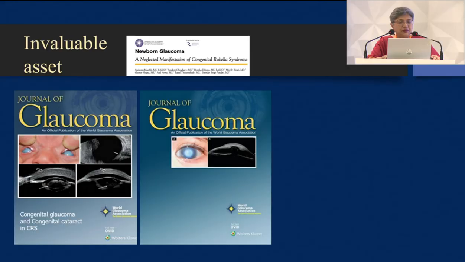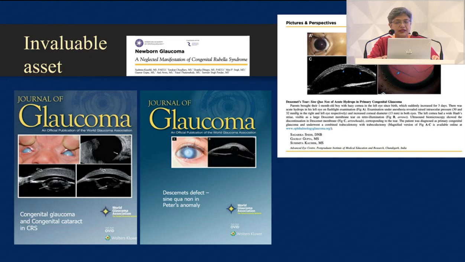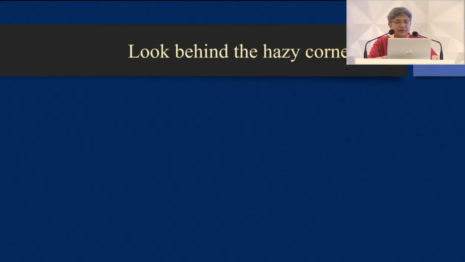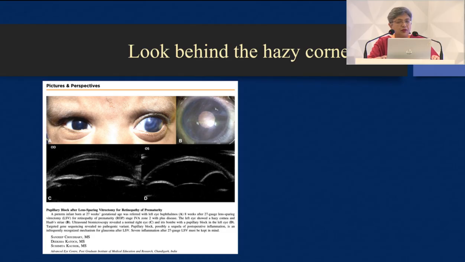The UBM has obviously been an invaluable asset to us, especially when we have a white cornea and we don't know what's going on underneath, and it has helped delineate what we are seeing. So when we need to look behind a hazy cornea from a glaucoma perspective, it also helps us decide an appropriate clinical approach. This case was referred as corneal opacity following trauma.